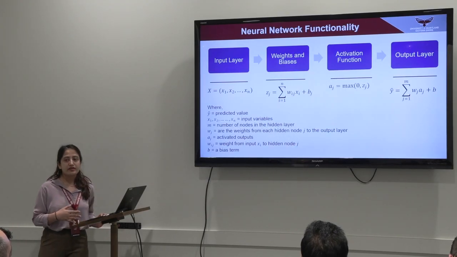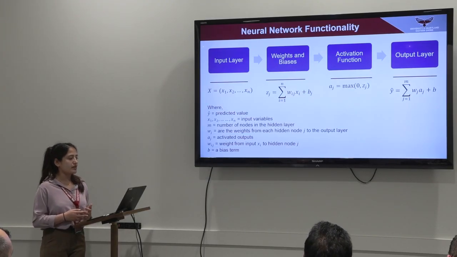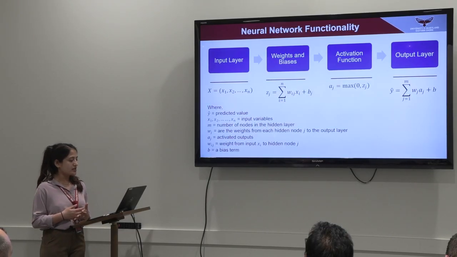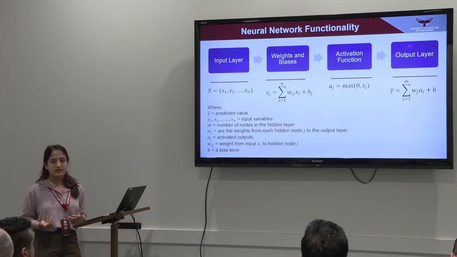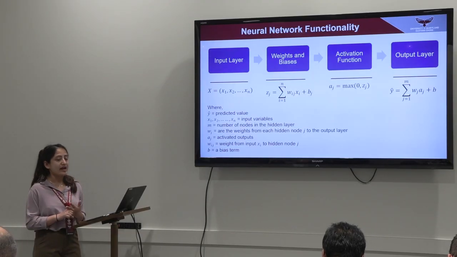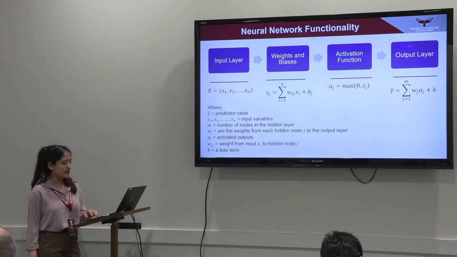This is the general neural network functionality in our model. First are the nodes and neurons, as in the input layer, which are the basic units that process the information, and weights and biases, which are used to adjust the parameters in order to reduce errors in forecasting. The activation function determines which path the model is directed to.